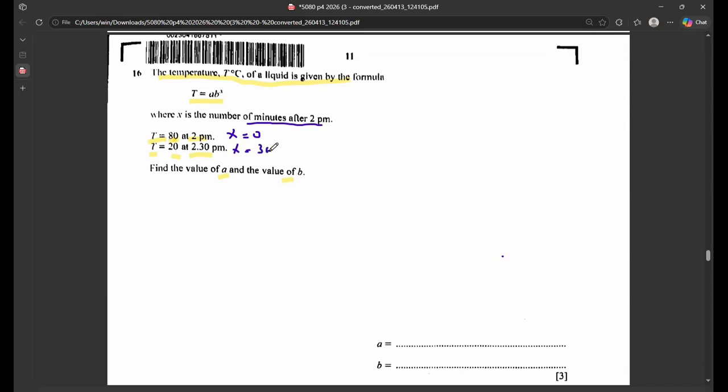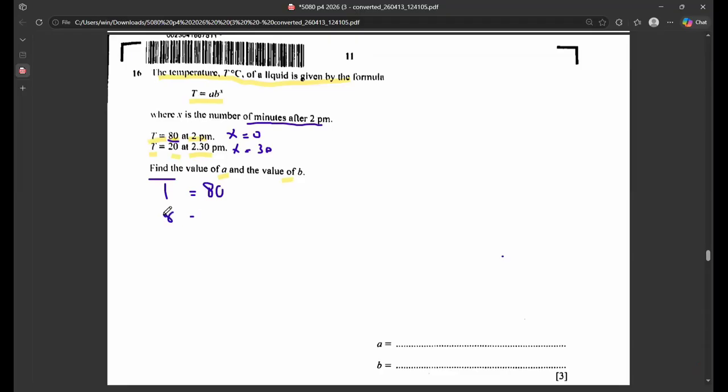Okay, so for now we can get two equations. That is, T is equal to 80 when x equals 0.